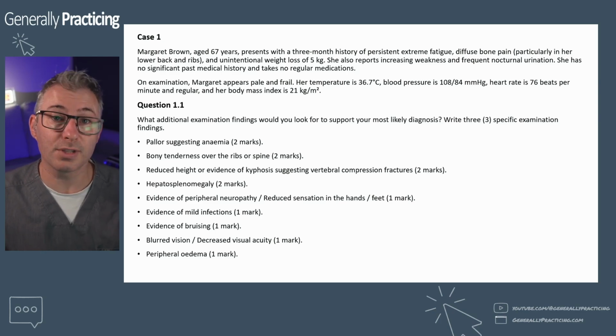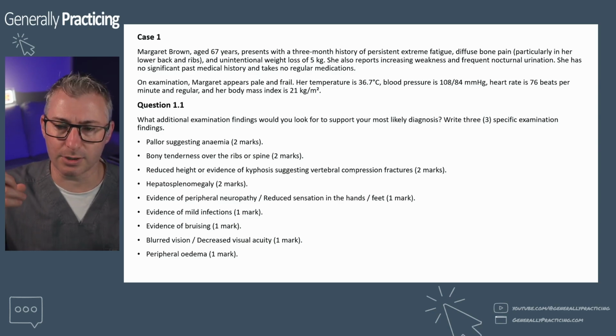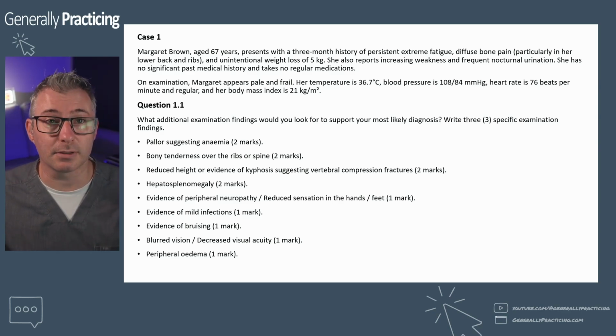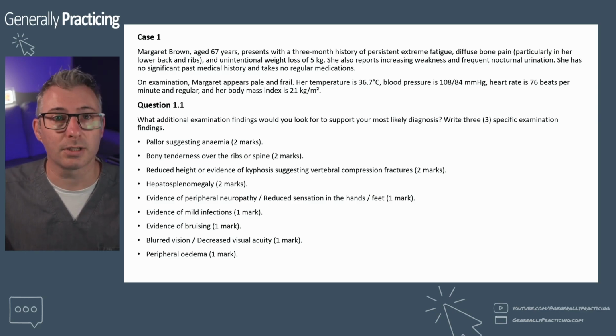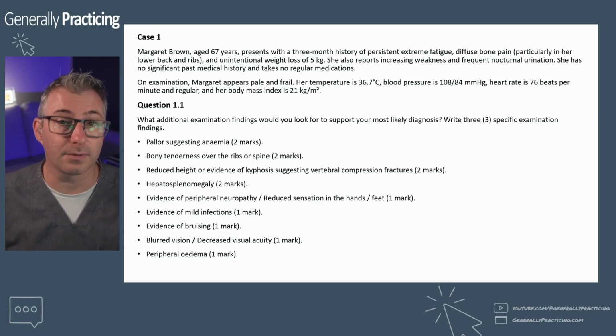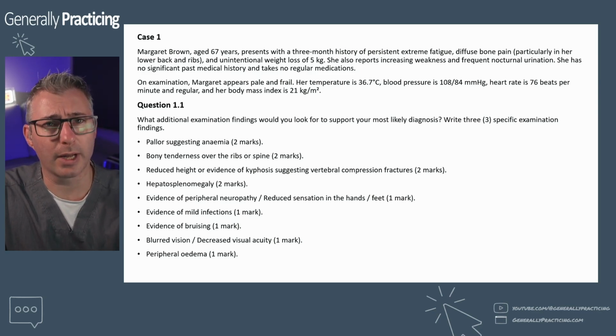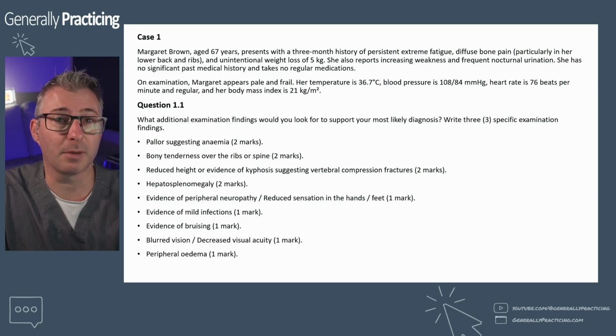Evidence of bruising, blurring of vision or decreased visual acuity, being the changes to the viscosity of fluids within the body, and peripheral edema, having that increased fluid retention and reshifting of fluid into different spaces, also would get you a mark.